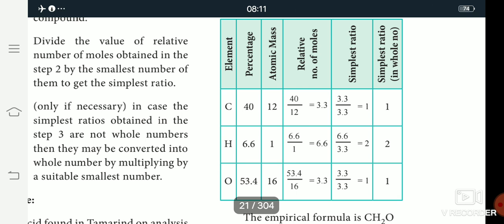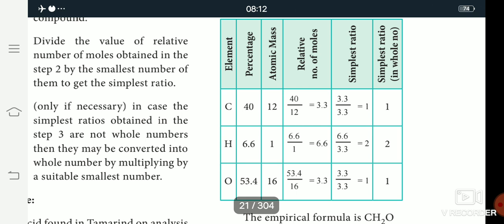So the relative number of moles is the percentage divided by atomic mass. The values are 3.3, 6.6 and 3.3. Which one is the simplest ratio number? 3.3 is the simplest ratio number.